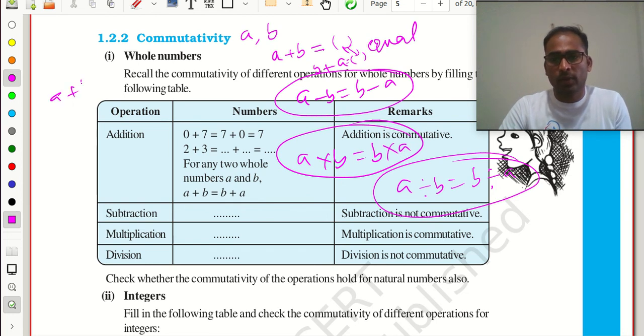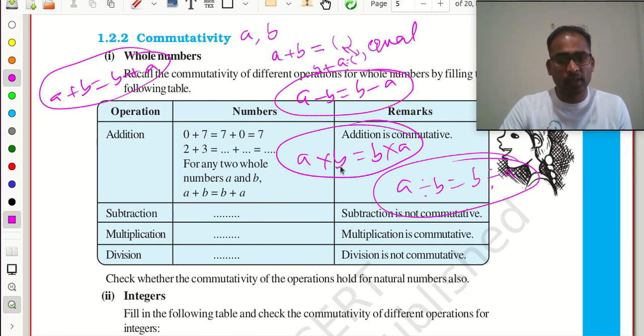In addition, a plus b is equal to b plus a. Then we can say these are the commutativity under addition, subtraction, multiplication and division. So this is the thing for commutativity.